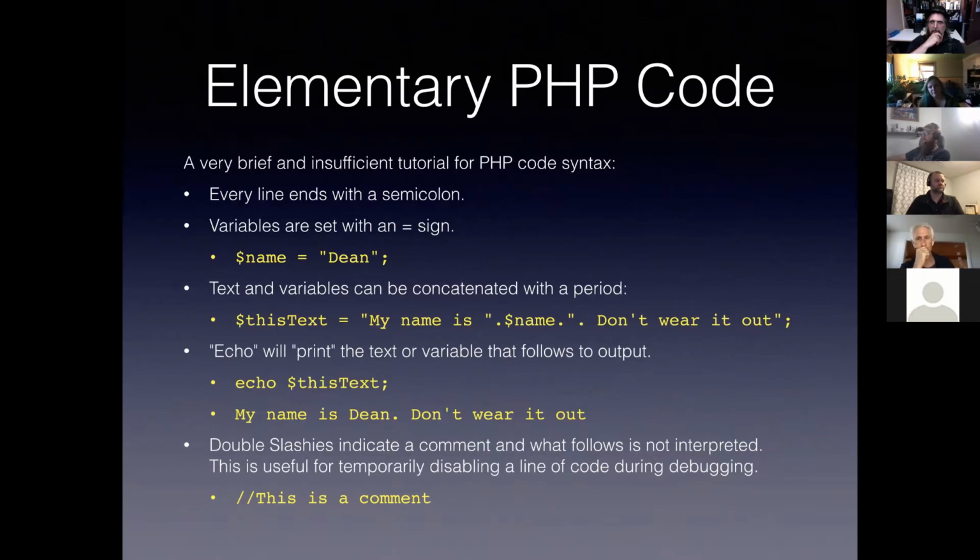And then the echo will print that result. So echo this text. Another good thing to know is a double slash will comment out a line. So in addition to commenting your code, it's really helpful for troubleshooting. See if you can figure out why your page is just magically blank for some reason.